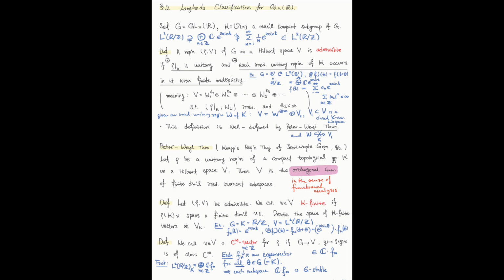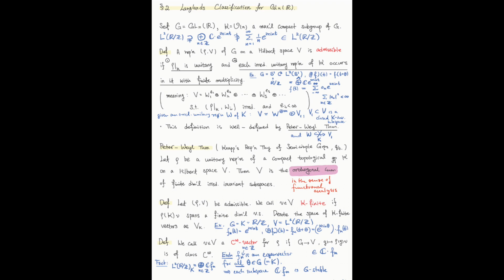Just take any sequence of a_n for which the L2 norm converges. And this gives you a function, but this function is not going to be in the subspace which is algebraically spanned by these characters, e to the 2 pi i n t, because any function in here is a finite linear combination.